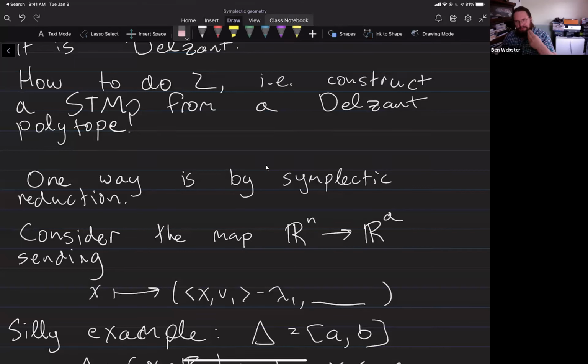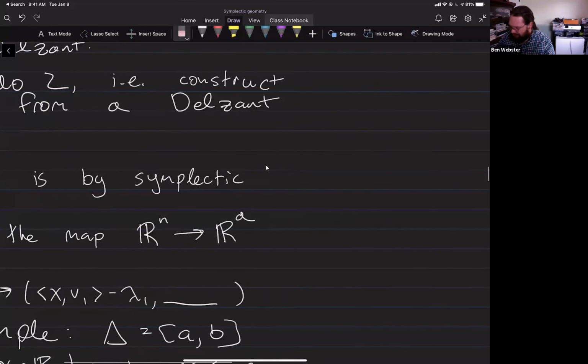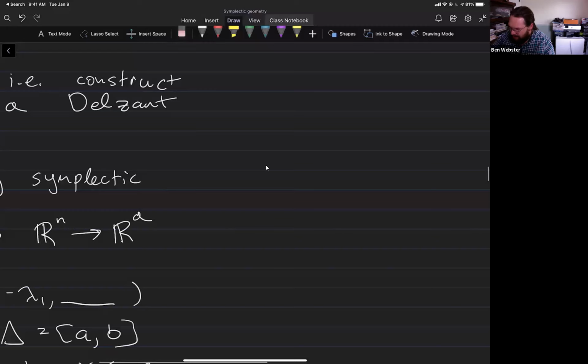As I was mentioning at the very end of class last time, we construct an affine map from R^n to R^d for d bigger. It doesn't have anything to do with how we were using d before. It's just some number. Well, it's not just some number, actually. d is going to be the number of hyperplanes.